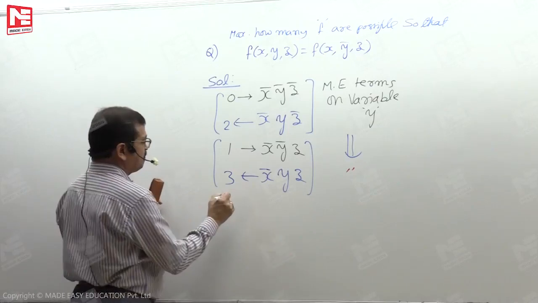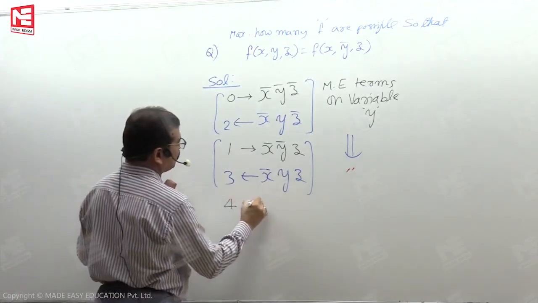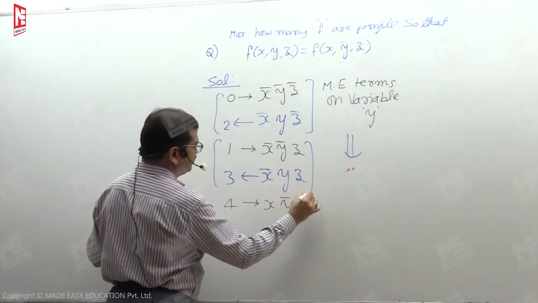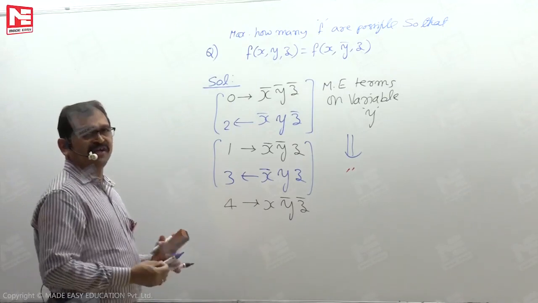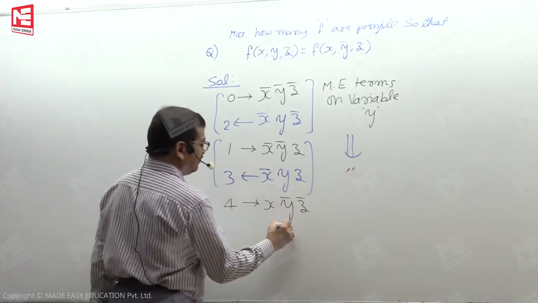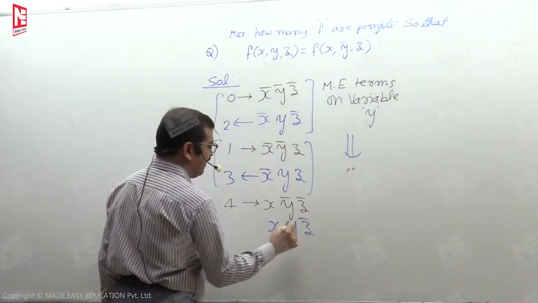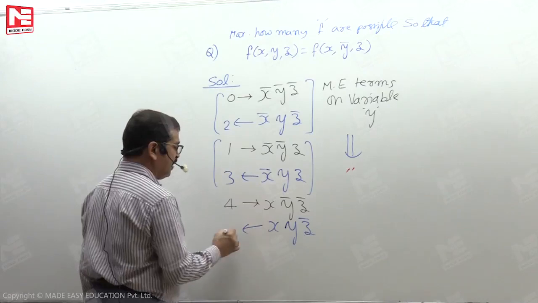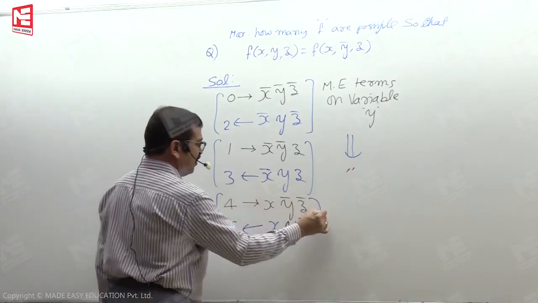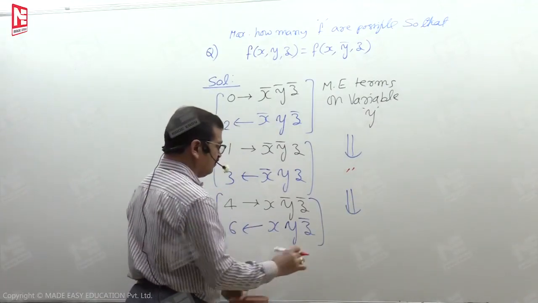Similarly, the product form for 4 is x, y complement, z complement. While taking the complement on the literal y complement, it will be x, y, z bar. It is decimal number 6. It is also a mutual exclusive pair on variable y.